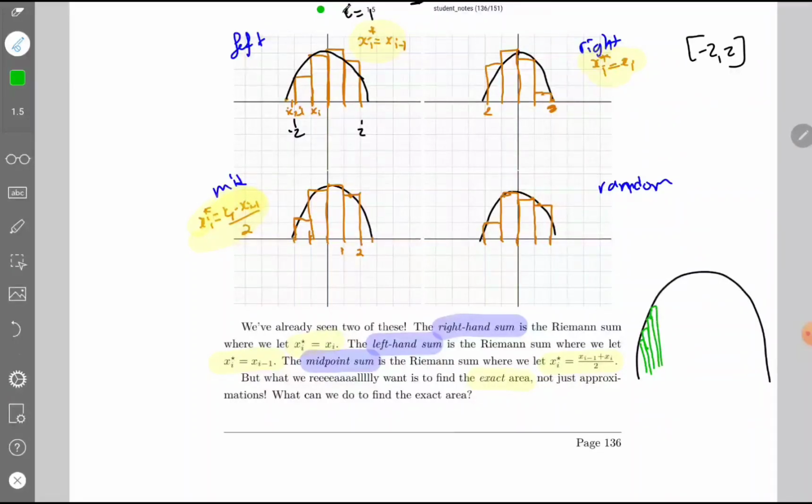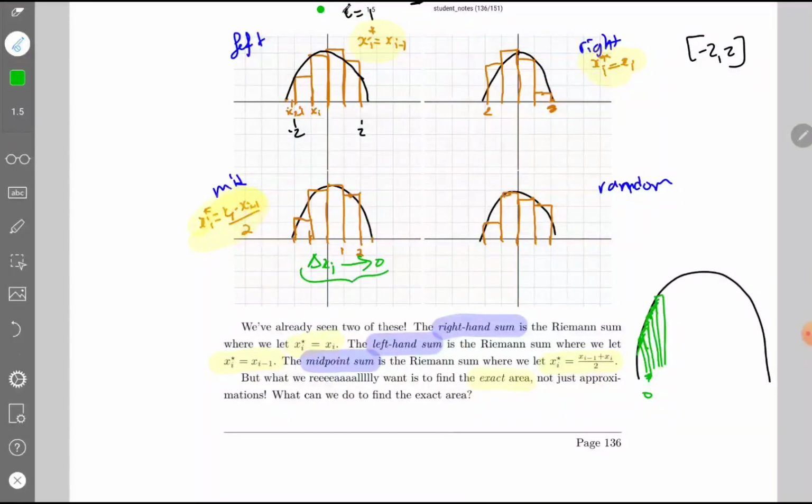If I make them even smaller, the error just gets smaller and smaller until I fill in everything. So I want to make these delta xi go to 0, I want this interval to become 0.